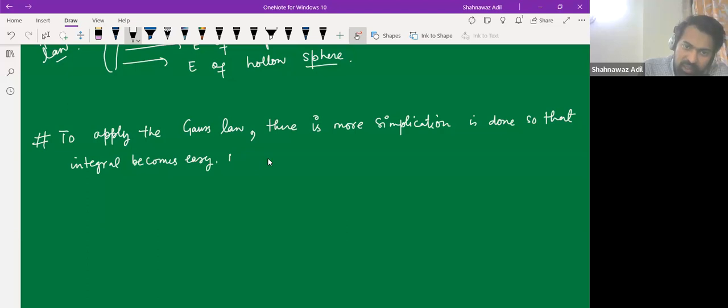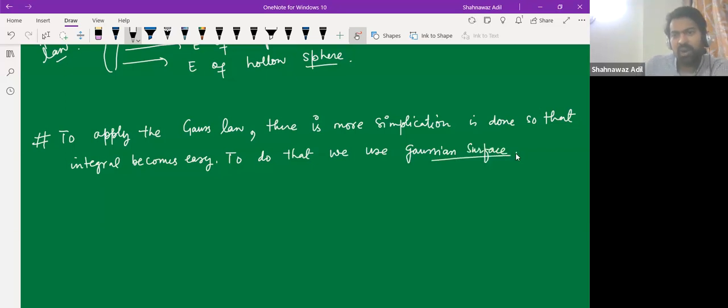To do that, we use a Gaussian surface, right? So what does this Gaussian surface do?